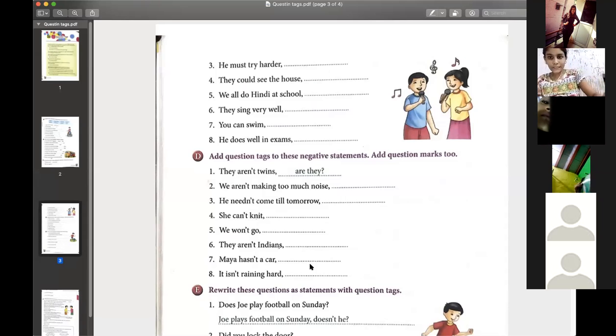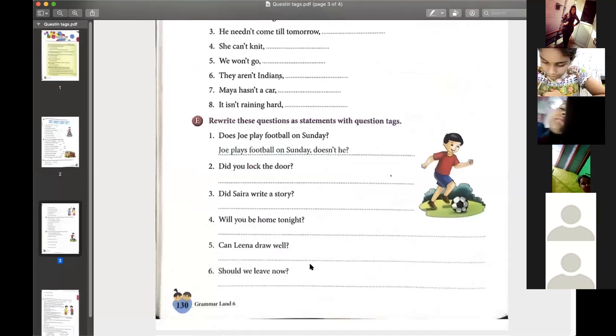Absolutely correct, Srijanya. You can speak. Will we? Won't is formed as a negative of will plus not. So the answer will be will we. See the E part. I'm just discussing one so that you can try at home and we'll discuss all the answers tomorrow. So do not worry.